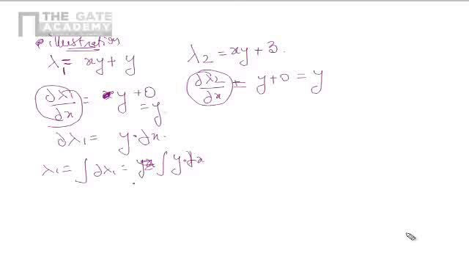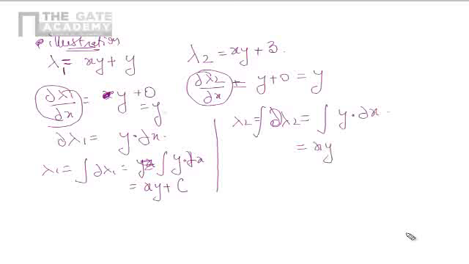That is nothing but xy plus something. Okay. Now let us do the same thing here. Lambda 2 is nothing but integral of dou lambda 2. That is nothing but integral of y dou x. This is also nothing but xy plus c.